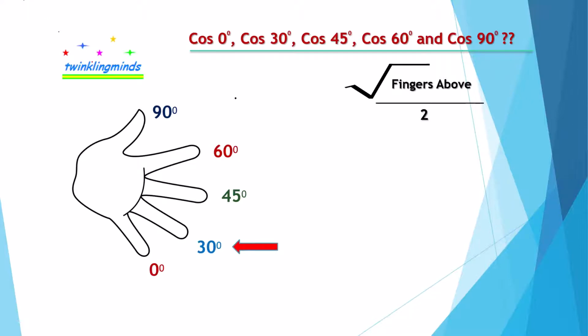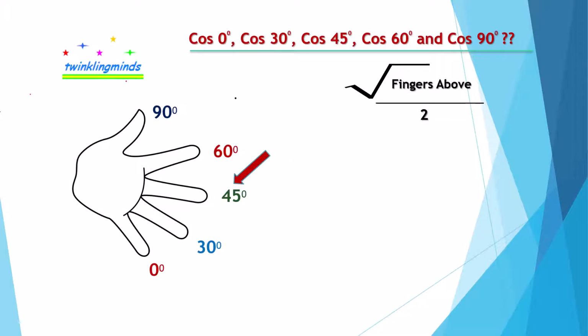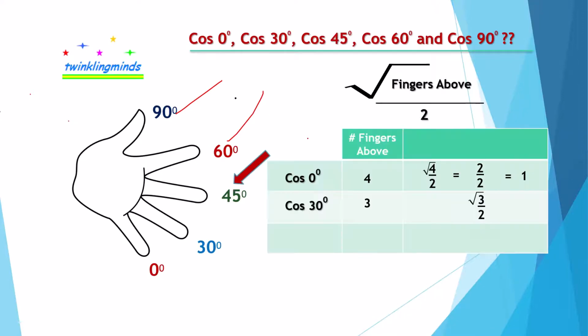So cos 30 degrees equal to square root 3 divided by 2. Let us move to the next angle, cos 45 degrees. How many fingers are there above now? 2. So what is the value of cos 45 degrees is square root 2 divided by 2, which is nothing but 1 by square root 2.